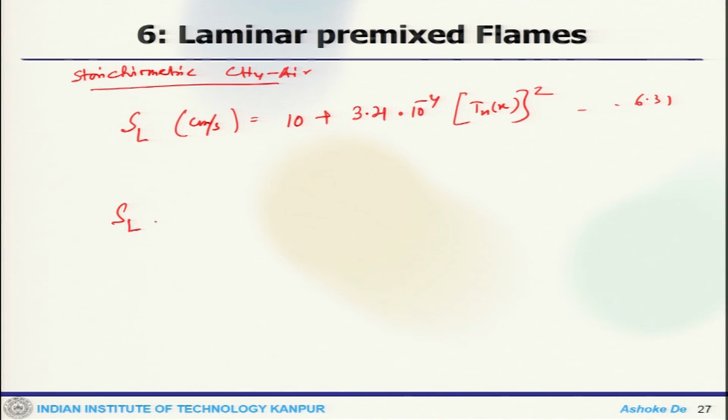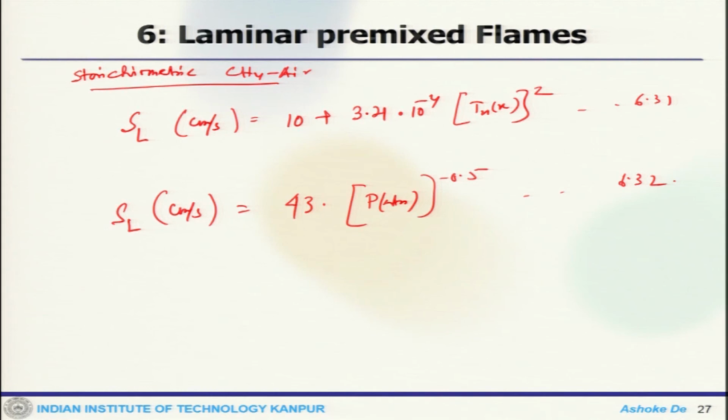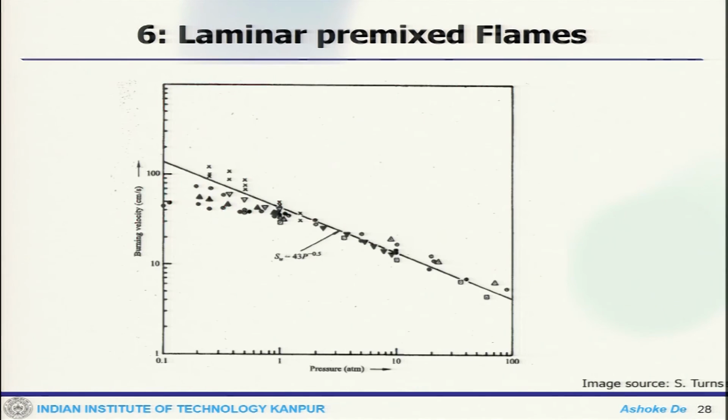Based on pressure, SL is 43.5 something. So, simplified analysis can capture the effect of temperature, but not the effect of pressure. These are again based on some simplified analysis.